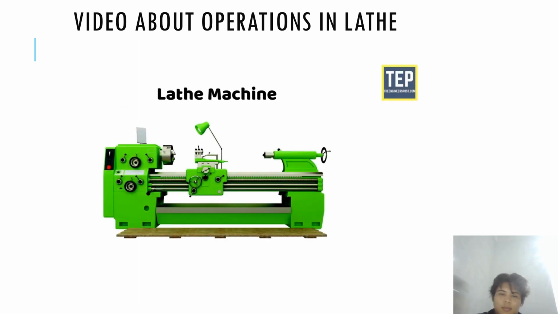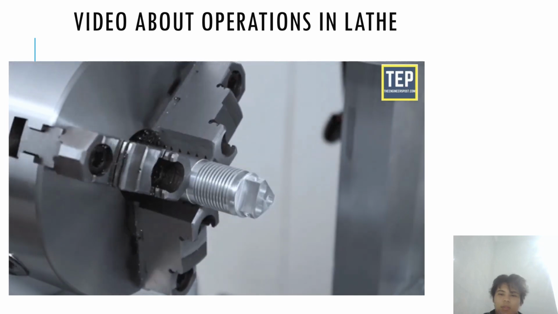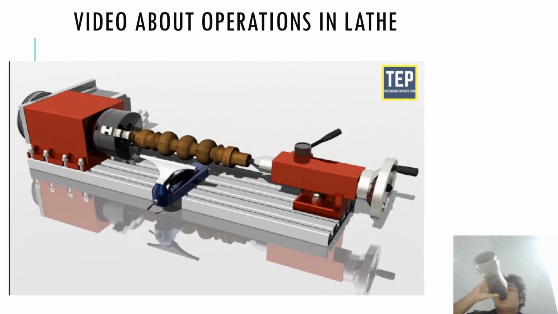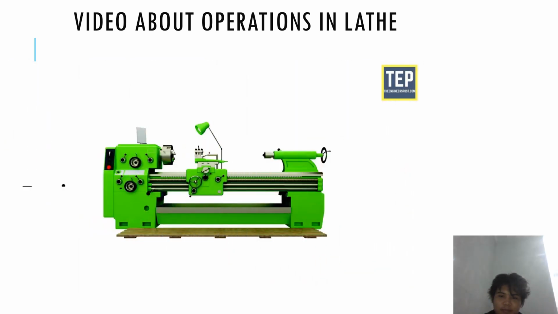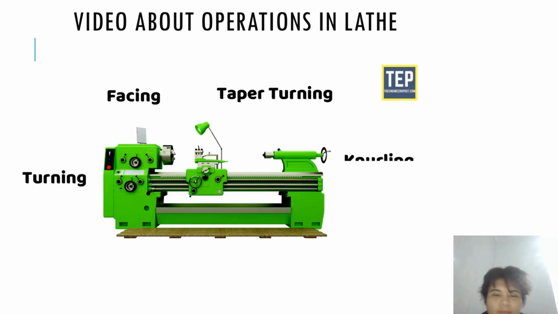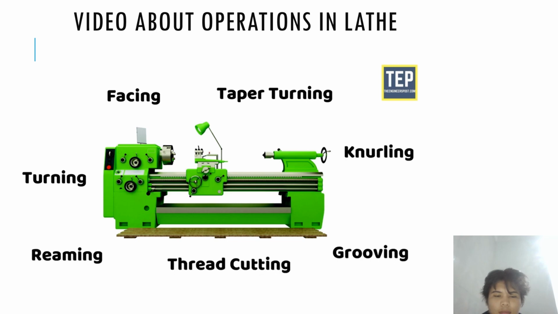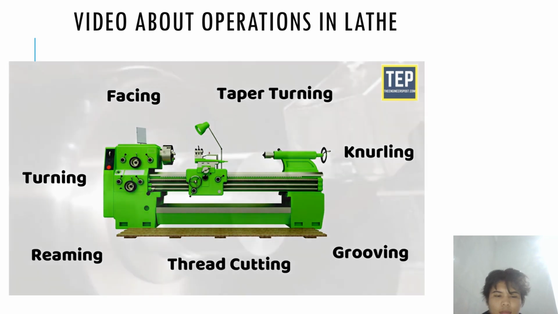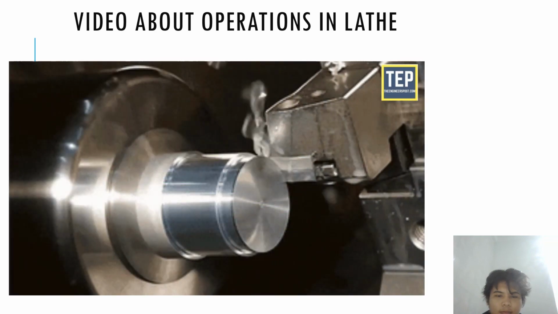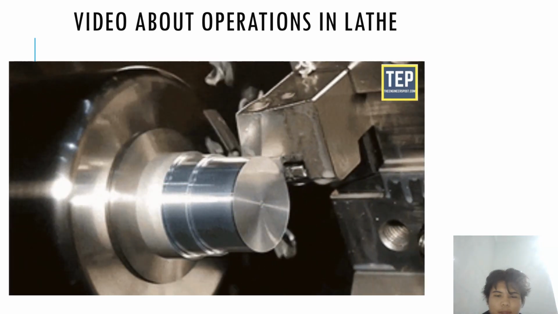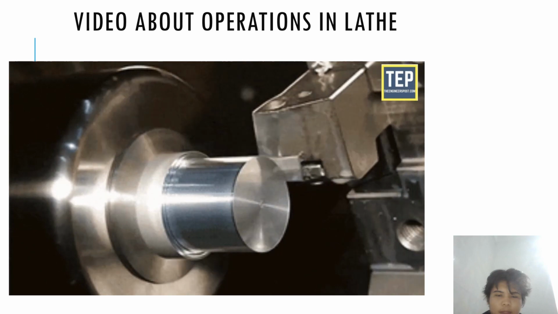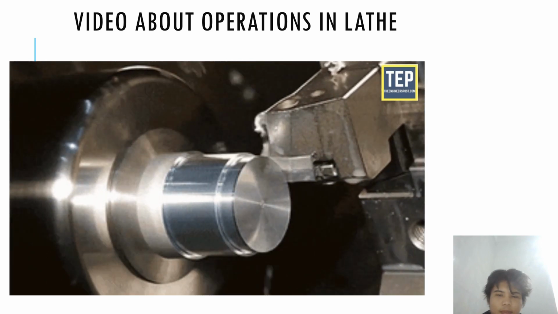A lathe is a machine that rotates the workpiece about an axis to perform different operations, such as turning, facing, taper turning, knurling, grooving, thread cutting, and reaming, etc. To perform different lathe machine operations on a lathe, the workpiece may be supported and driven by any one of these methods. Number 1.